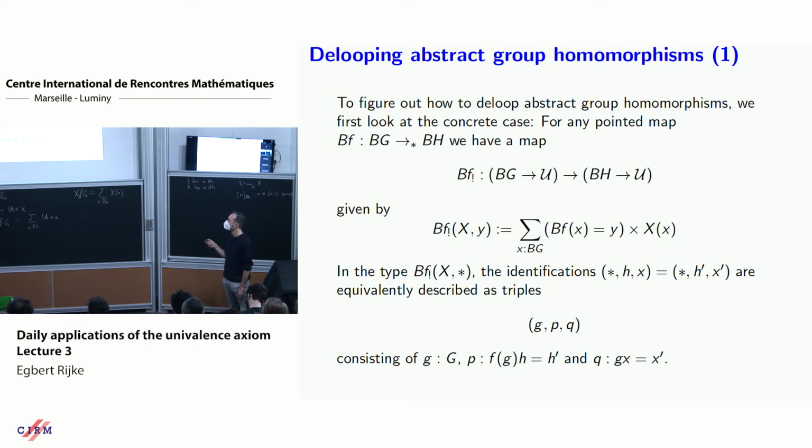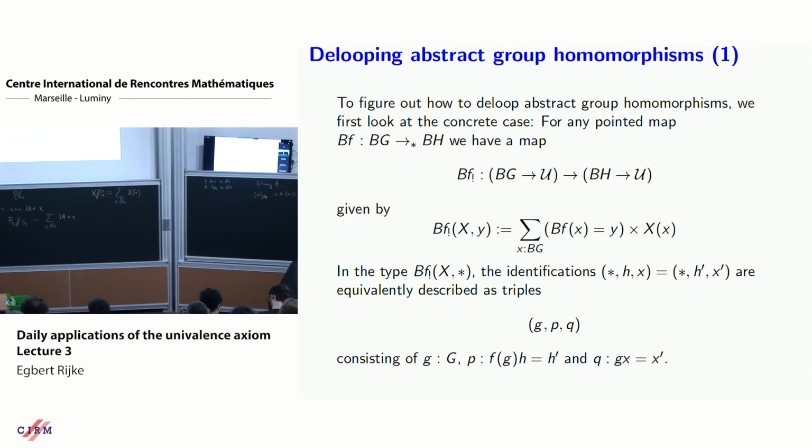So what we're going to do here is map the G-types to the H-types along F. And this is a little bit weird, because usually the map goes in the other way.